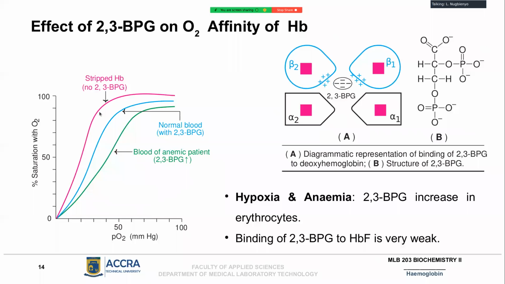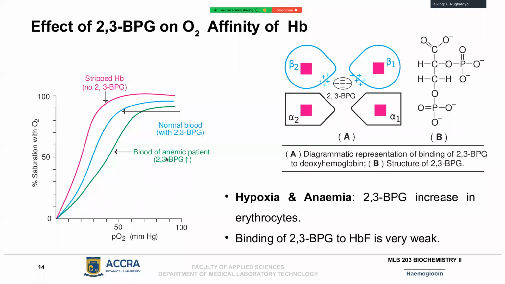So when you do all this comparison, you see the graph shifting more to the right with concentration of 2,3-biphosphoglycerate. When you have 2,3-biphosphoglycerate increasing in concentration, the graph shifts to the right.